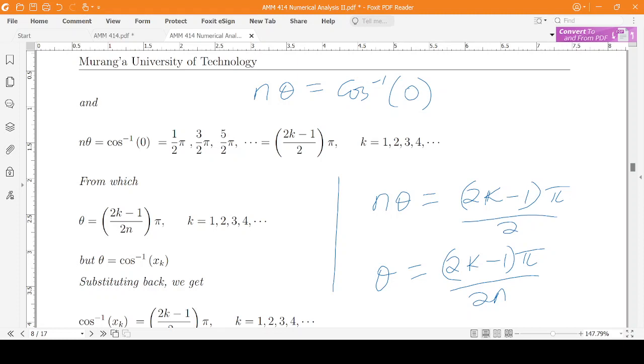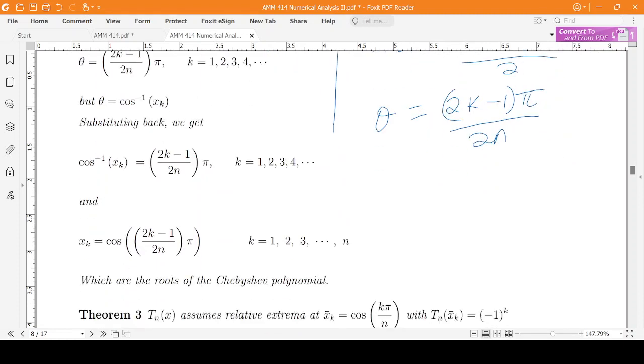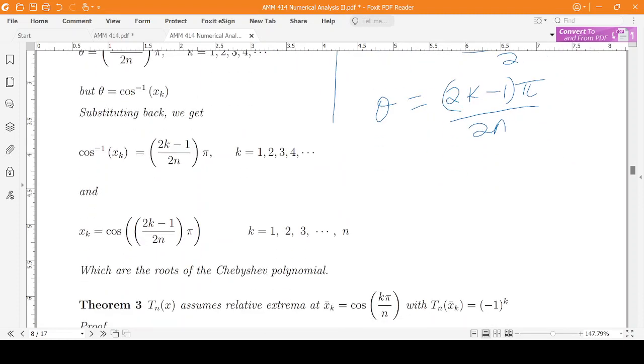These are the roots of that equation, but theta is cos inverse of xk. Theta is that, so we are saying cos inverse of xk is equal to (2k minus 1) pi all over 2n.